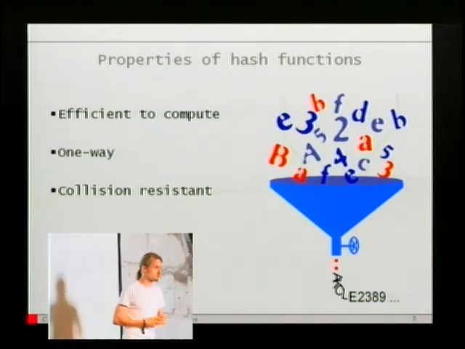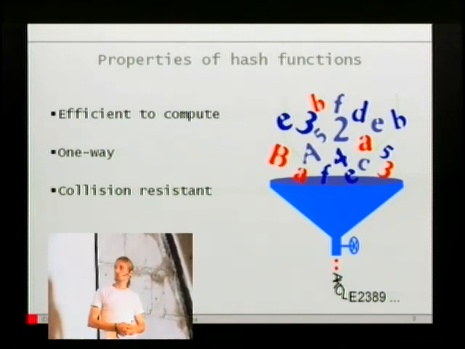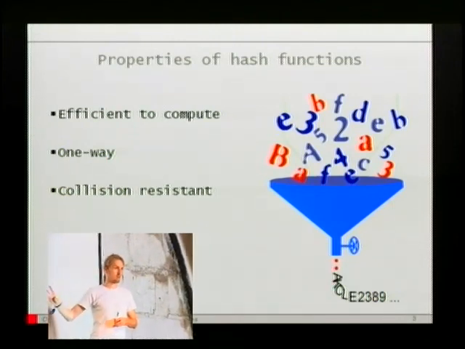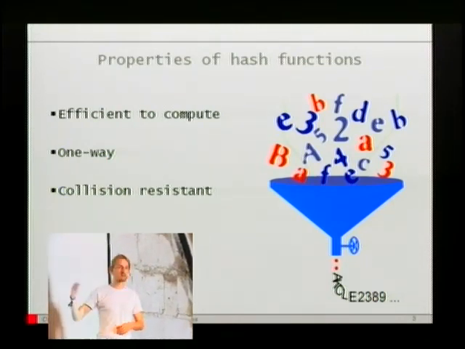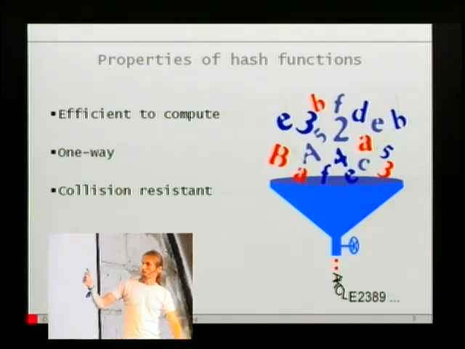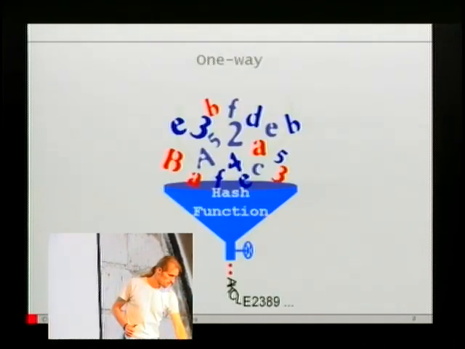Of course they should be efficient and easy to compute. If they would be difficult to compute, nobody would want to use them, unless in some niche areas. And there are two more properties we would like to have. I will go into them immediately. One of the properties is one-way, and the other one is collision resistance.